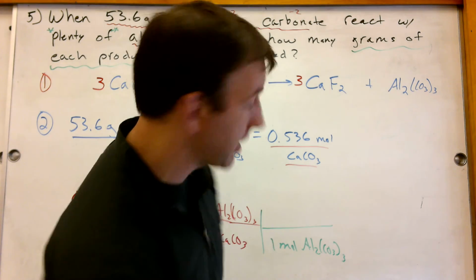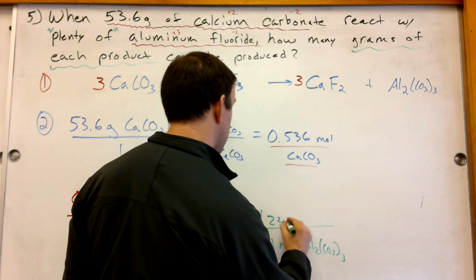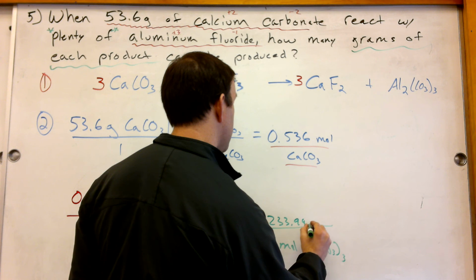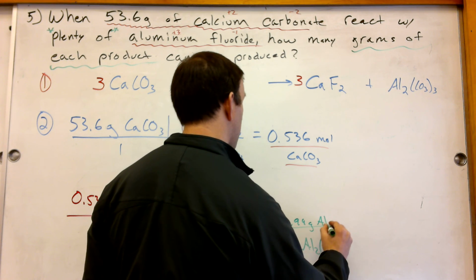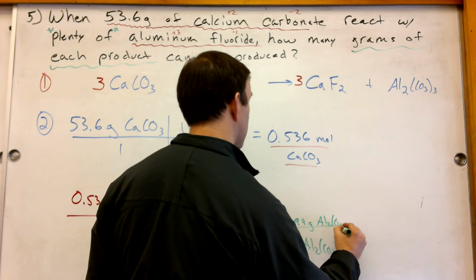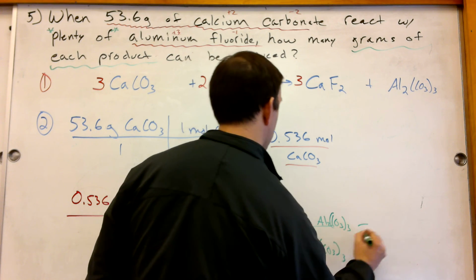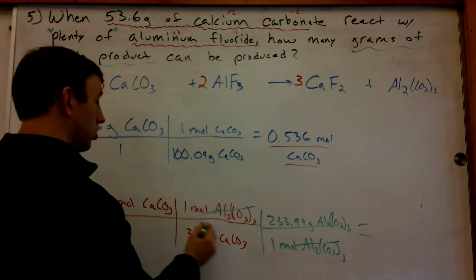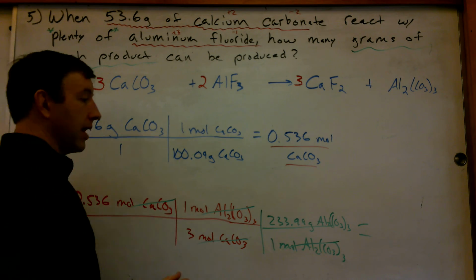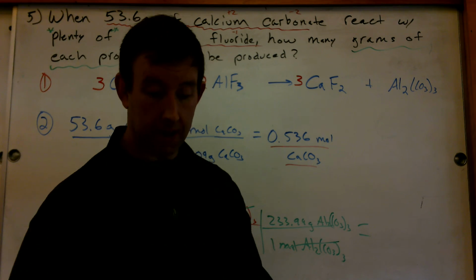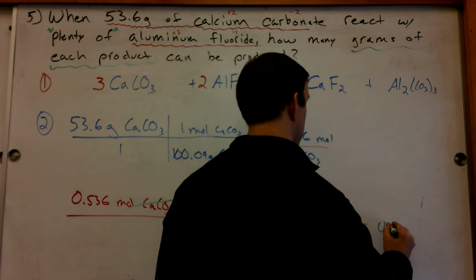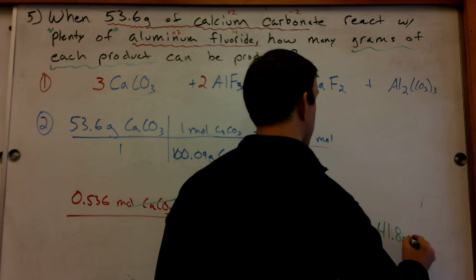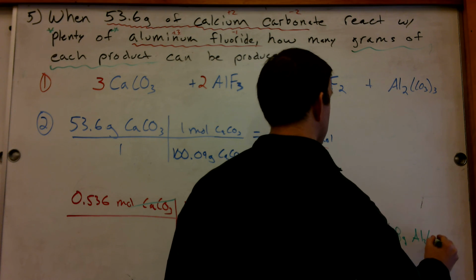And when I do that, I get 233.99 grams of aluminum carbonate. Boom, boom, boom. And my final calculation, I should get 41.8 grams of aluminum carbonate.